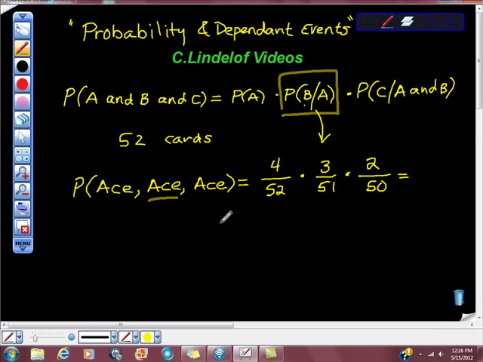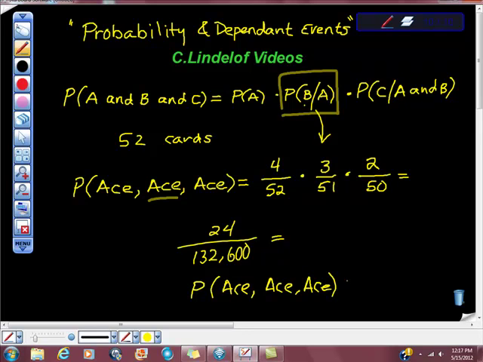And then we'd multiply across here, and we'd get 24 over 132,600. And believe it or not, that does simplify. So the probability of ace, ace, ace is equal to 1 over 5,525. So if somebody draws 3 aces in a row on you, just off the top of a deck, suspicion.